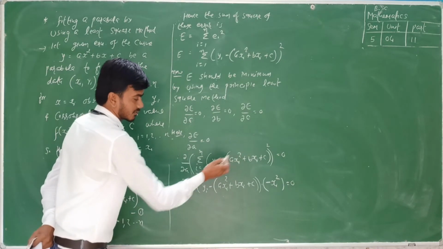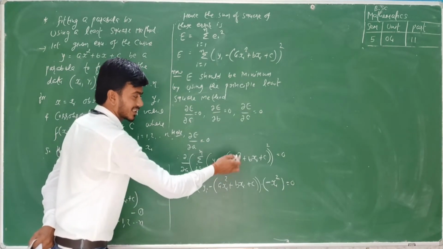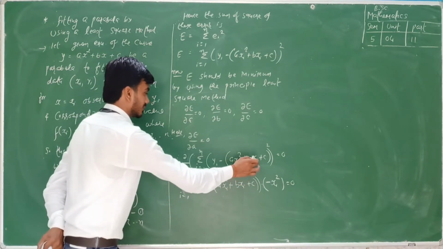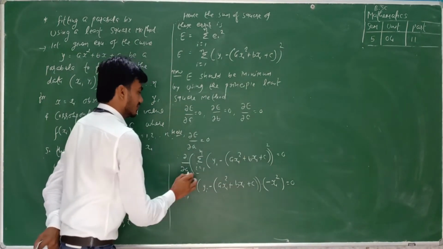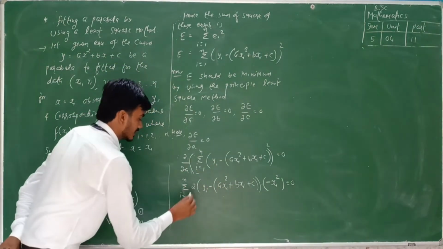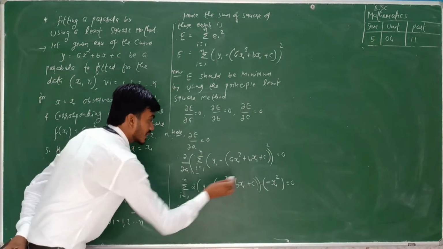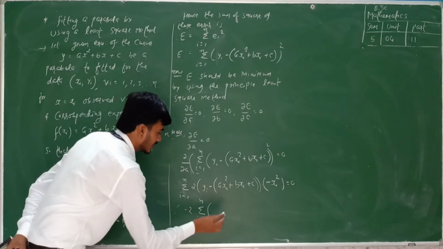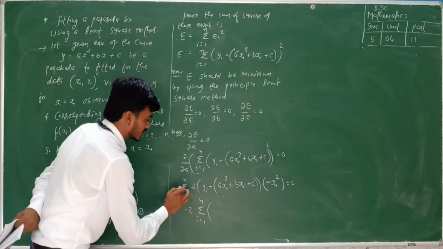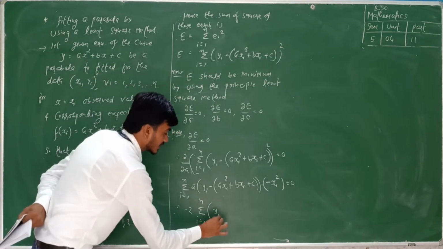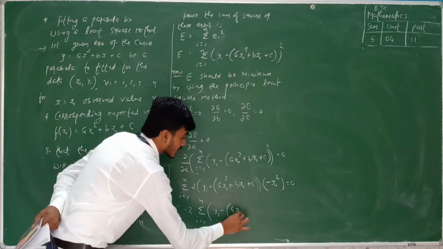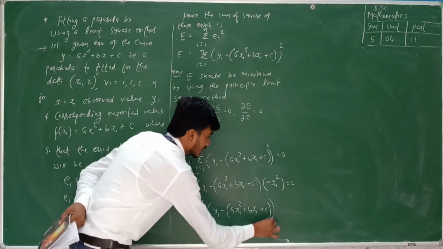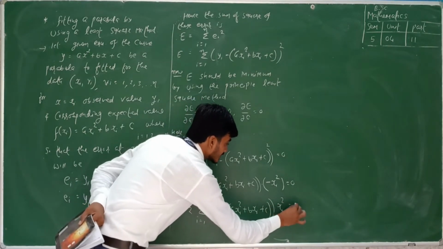So the derivative of the bracket is minus xi², with bxi giving 0 and c giving 0. Therefore 2 and minus 1 are common and can be taken out of the sigma. Then sigma i = 1 to n (yi − (axi² + bxi + c)) into xi² = 0.